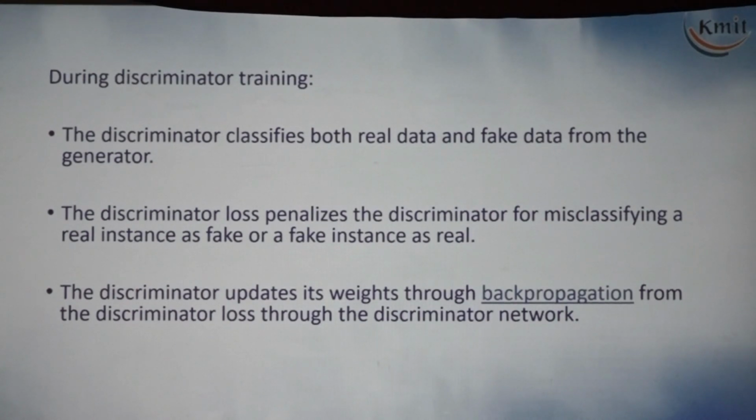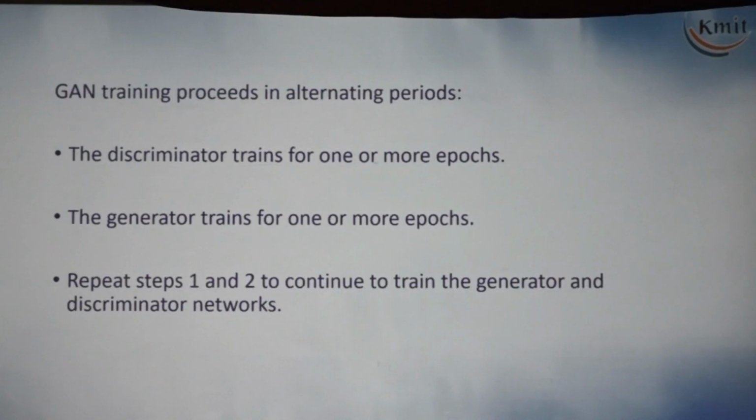Okay. So this is the training of the generator, but as I told you, you have to freeze the discriminator while training the generator. Today you have to execute a complete program. The discriminator trains for one or more epochs. Let us say, for example, 2 epochs for the discriminator and 2 epochs for the generator.